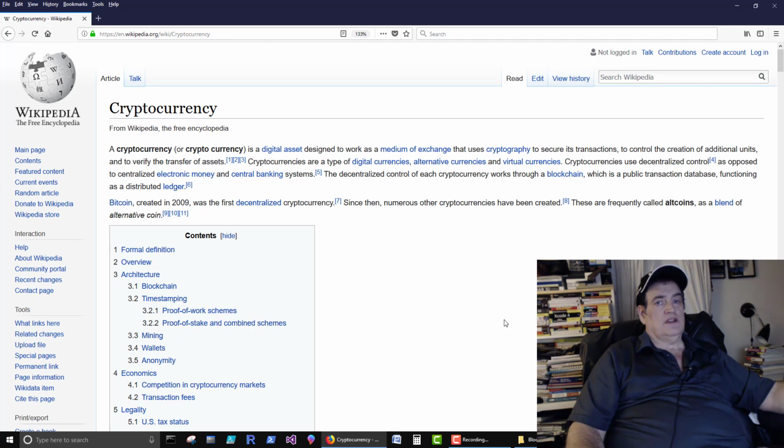So Bitcoin is a cryptocurrency. A cryptocurrency is a digital asset.